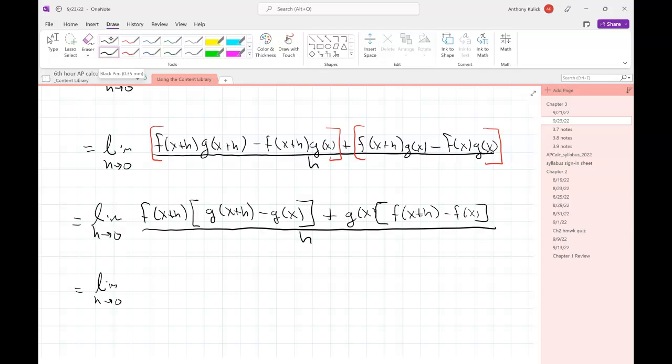Everybody agree with that? And I know that something times a fraction is the same thing as if I write it in the numerator or if I just write it out front. So I'm going to write this next part like this.